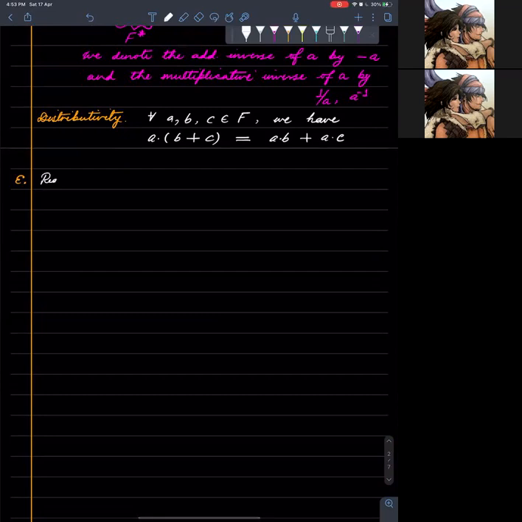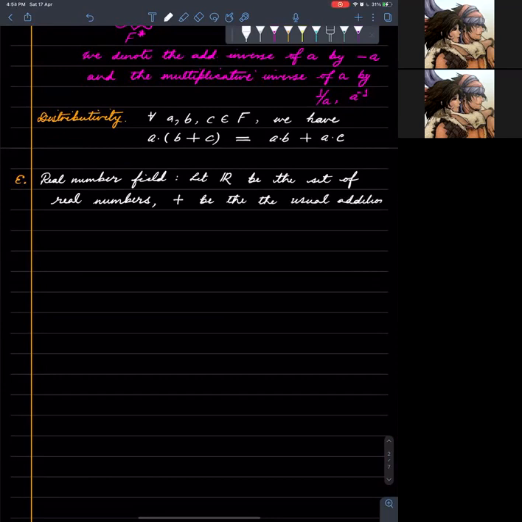So let R, this is the notation for the field of real numbers, be the set of real numbers, plus be the usual addition and dot be the usual multiplication.